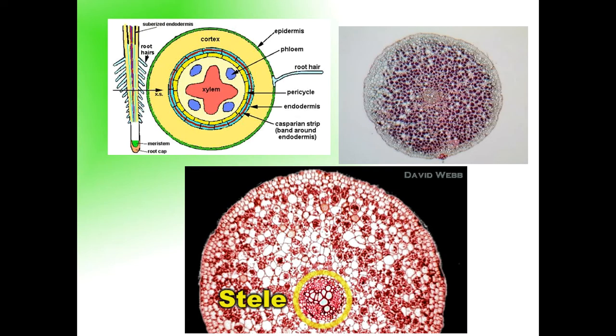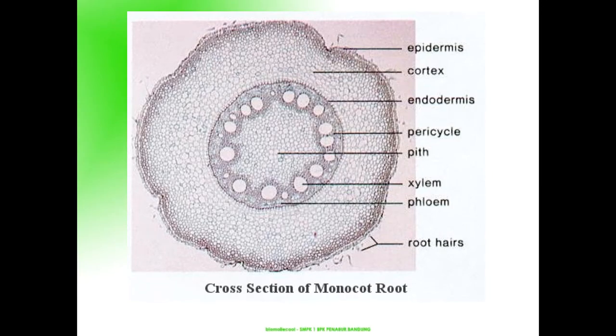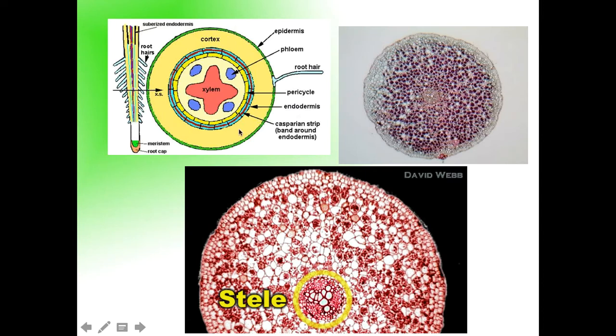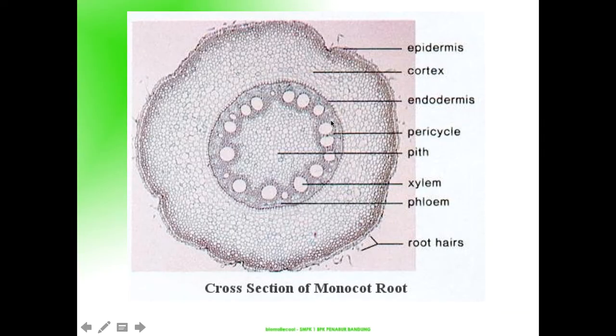Before, you saw the root of a monocot; now you are looking at the root of a dicot. One of the differences between the two is this part. Let's go back.